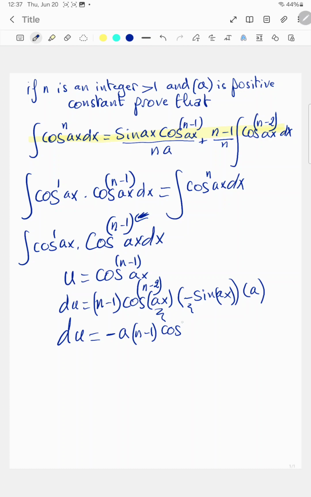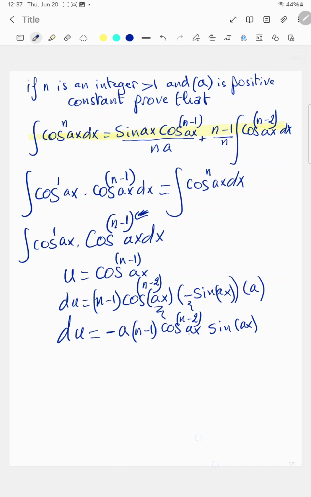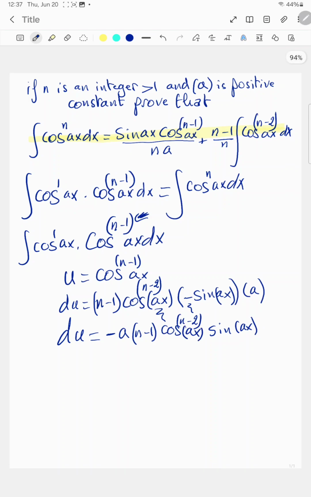So it becomes cosine n minus 2 ax sine ax, and that's it. This is my du. So let's highlight it. My u is equal to this, and my du is equal to that.